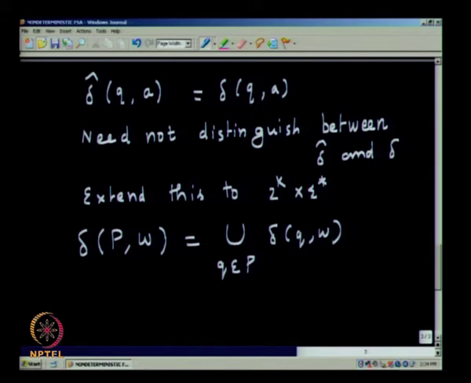When you want to extend it to a set of states, that is from a set of states P, after reading w, what can be the set of states in which you can be in? Take each one of them and find out and find the union, that is what it means.